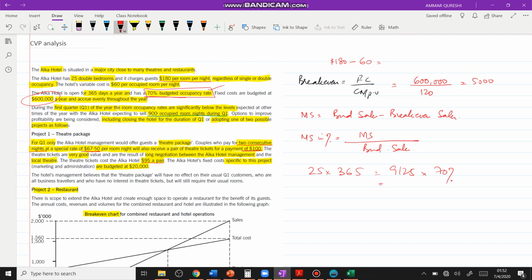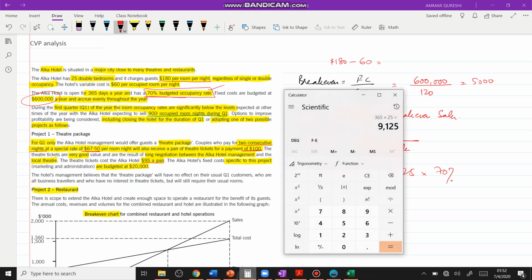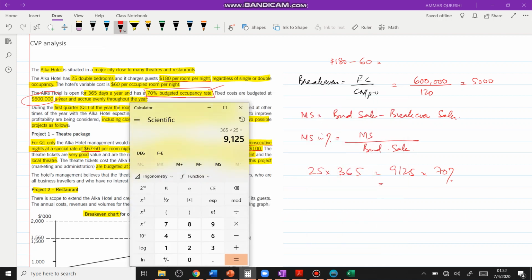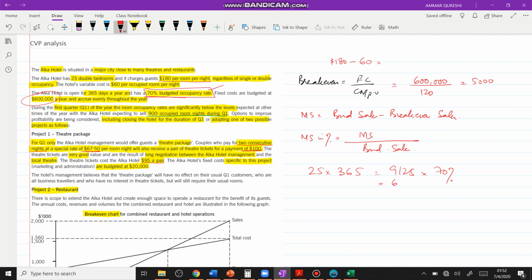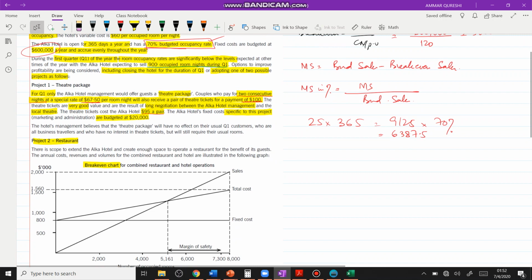So 9,125 multiplied by 70% is 6,387.5. That means we are expecting that the company will be able to sell 6,387.5 units, right?